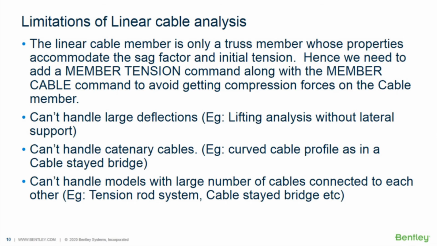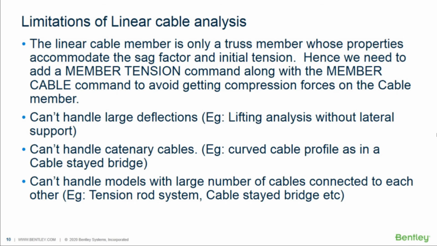The reason is because they forgot to specify the member tension command also. So when you perform linear cable analysis in STAAD, the cable member has to be declared as member cable in addition to the member tension command. This is to avoid the cable member taking compression forces. So this is a limitation in the linear cable analysis in STAAD.